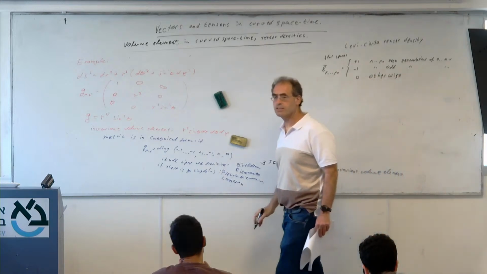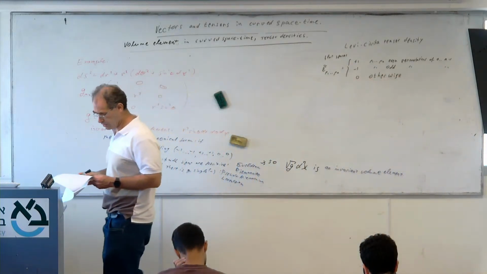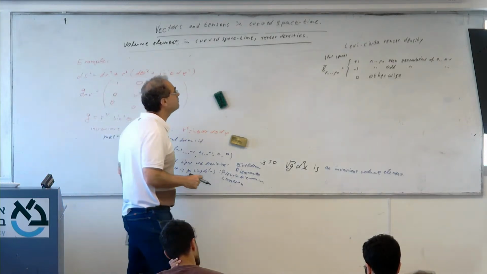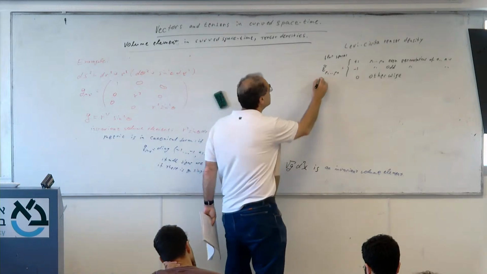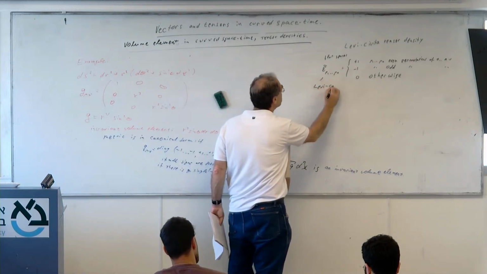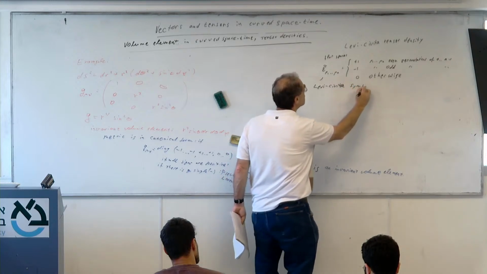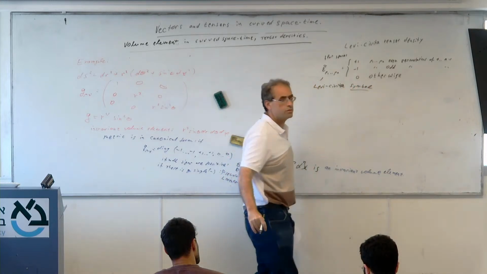And we said this is a tensor, but this was a lie. I was cheating. This is really not a tensor. This is called a Levi-Civita symbol, and this is how we're going to treat it from now on.